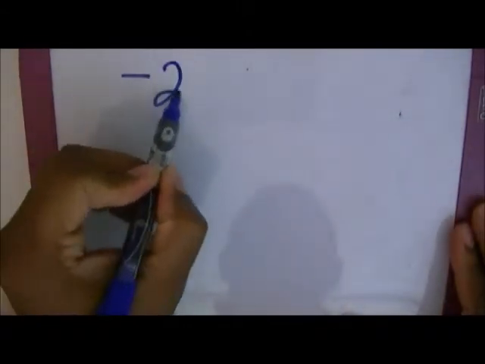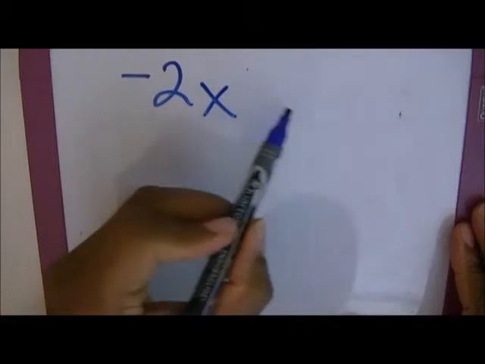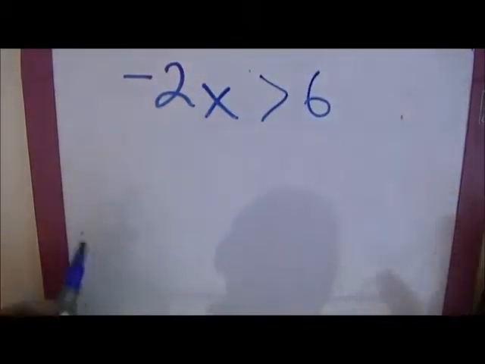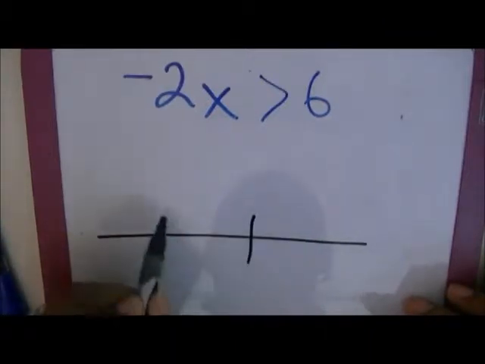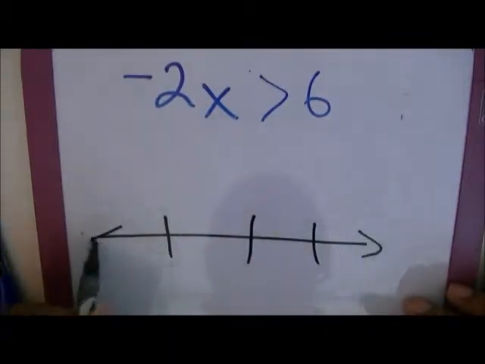Next, we graph the inequalities. These will be done on Tuesday. We have negative 2x is greater than 6. Negative 2 times x is greater than 6. I'll draw a number line.